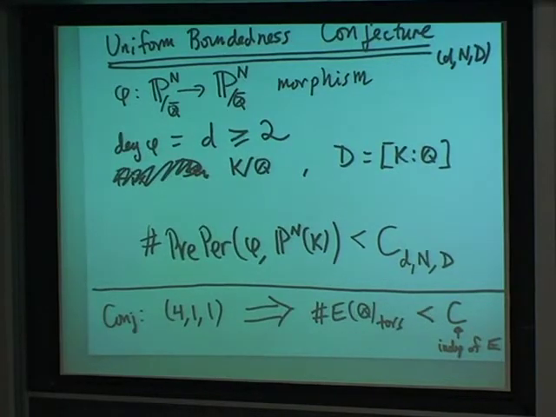Okay. So that's the sort of general conjecture. Okay, so what do I have? I have like 2 or 3 minutes, which is perfect. I want to mention one other conjecture, which is an analog of a very classical problem in number theory.